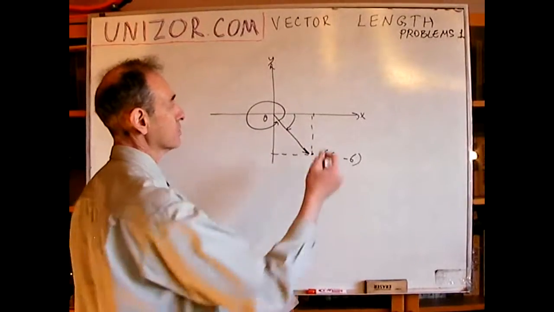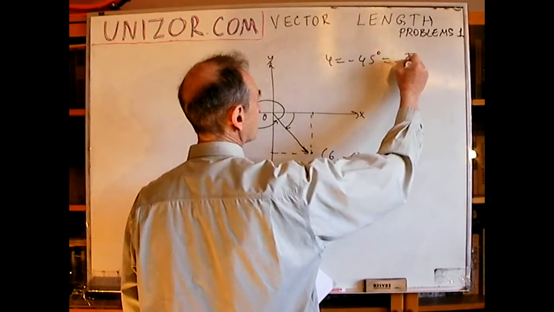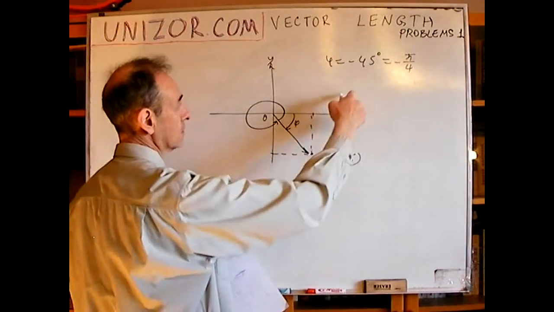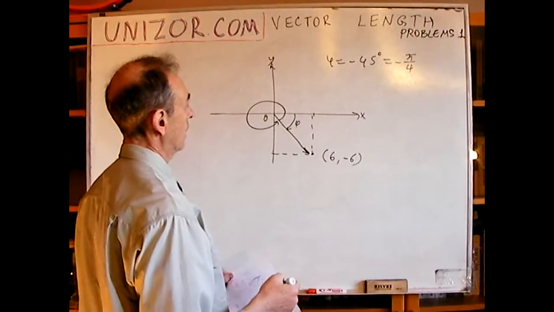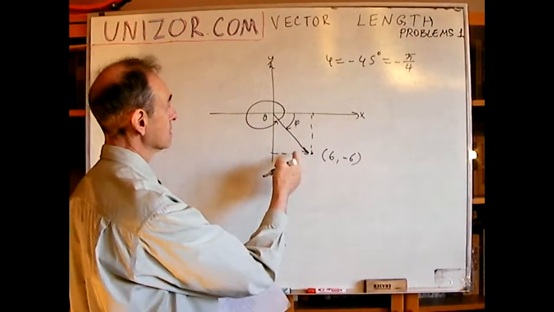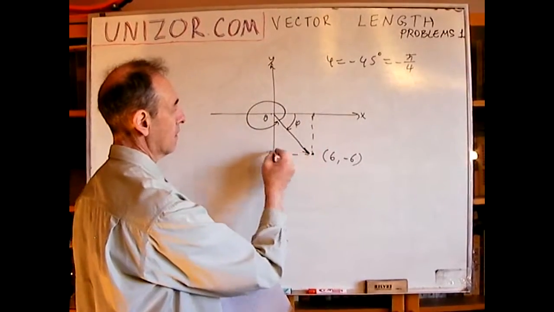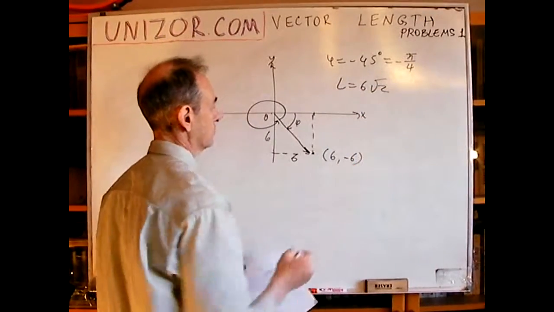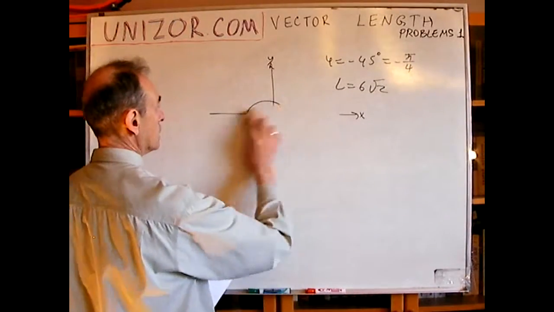It's obviously minus 45 degrees, so phi is equal to minus 45 degrees, or minus pi over 4 in radians, right? So the negative angle minus pi over 4 is exactly the same as this one. That's the direction. Now, as far as the length is concerned, it's exactly the same as in the previous case, because the lengths of these two categories are 6 and 6. So L is equal to 6 square root of 2. Easy.